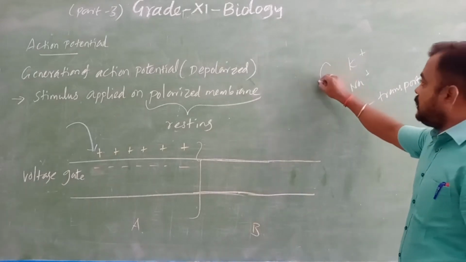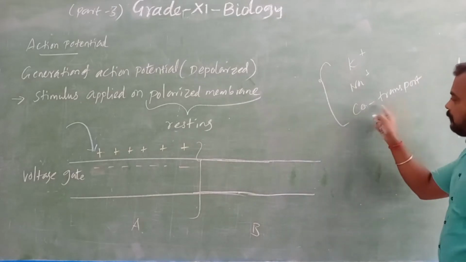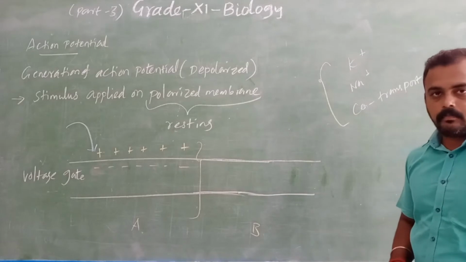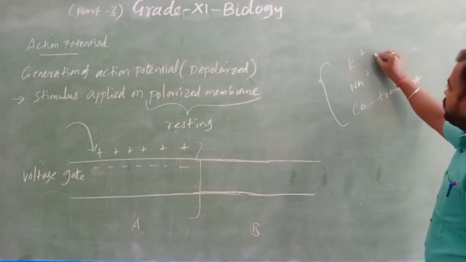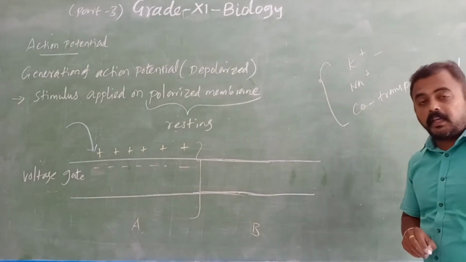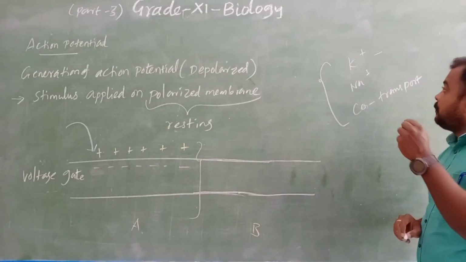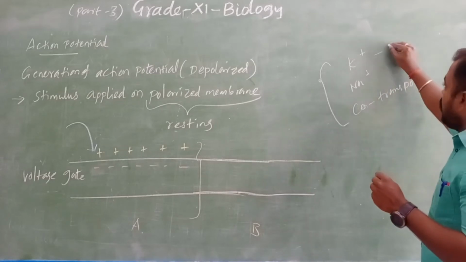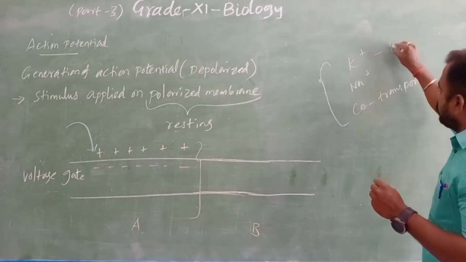So three ion channels are present, and apart from these we also have the voltage gated channel.